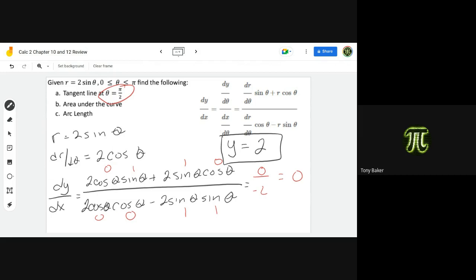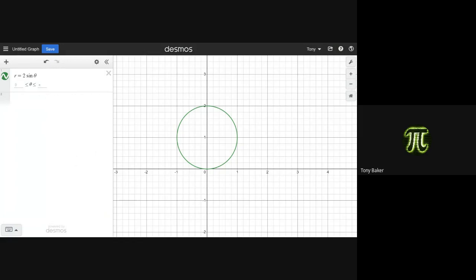And actually, if you looked at this graph, that's the other thing. When you're doing these, graph them and see what they look like, because this one's just a circle. It helps you verify your answers. So you can see, yeah, that's a horizontal tangent right there. So the tangent's going to be y equals 2.